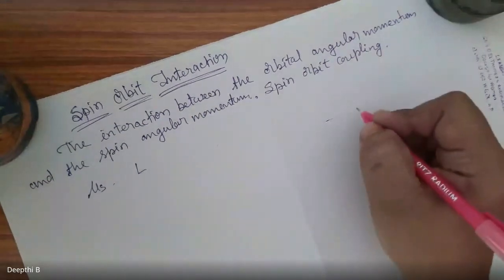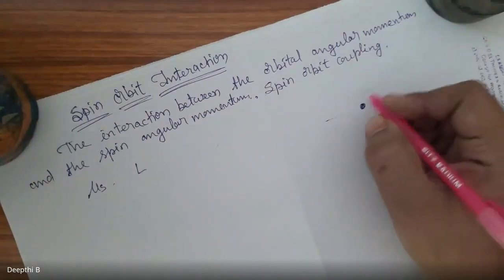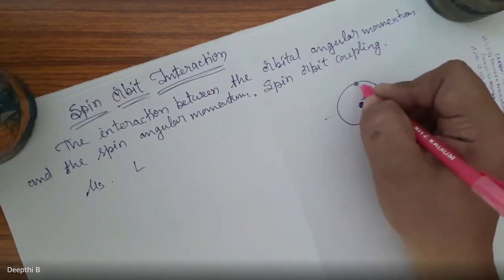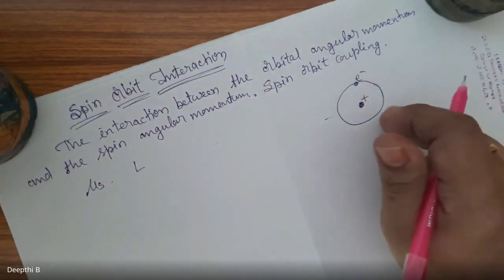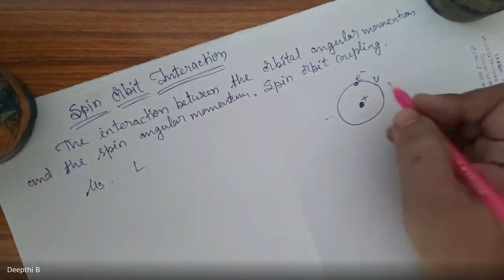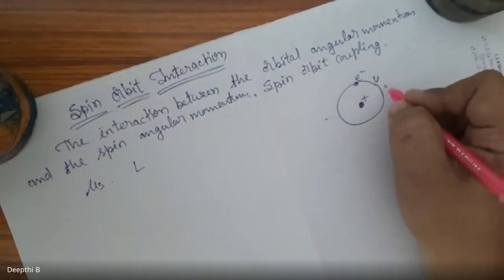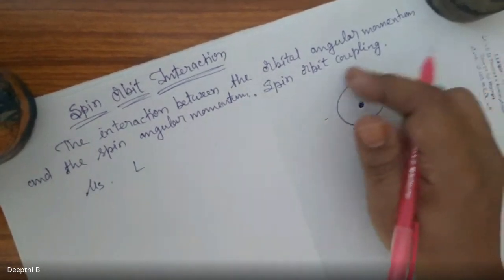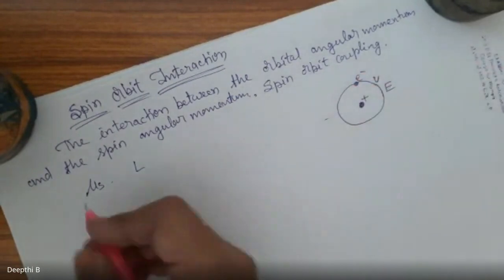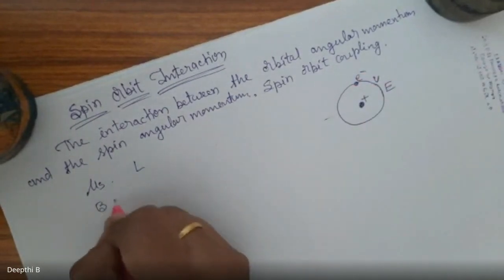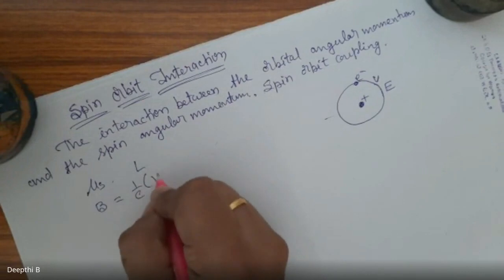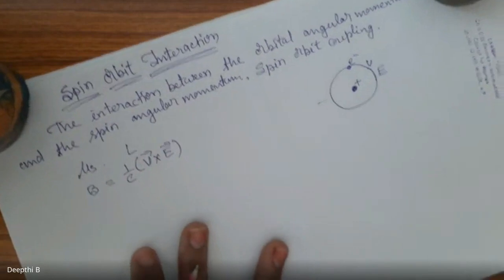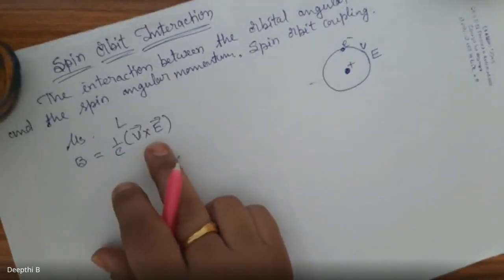Suppose there is a positive charge nucleus, and one electron is moving around that positive charge with velocity v, and the electric field is E. So the relation between the magnetic field because of that electron and this electric field is B equals 1 by c into v cross E. Remember this relation, v cross E.